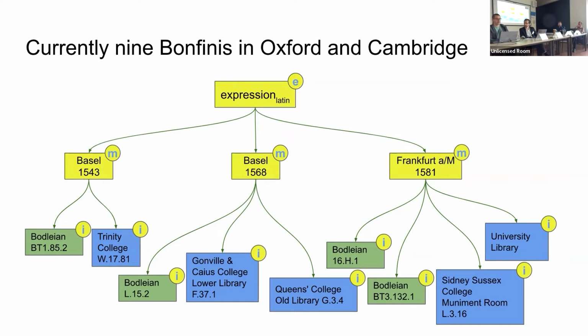Also, the same thing happens in Oxford. We don't know much detail. So when these books got to these libraries, maybe we can suppose that these books had been bought contemporaneously, but we don't really know. We know, on the other hand, that there's no German translation from these editions in these libraries still today.